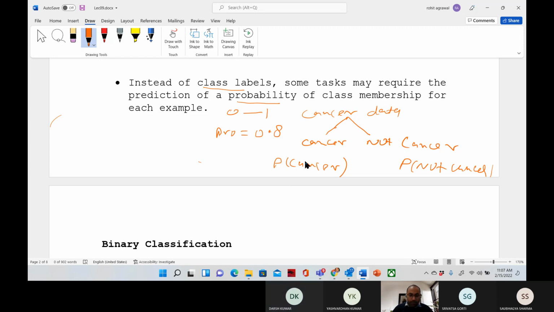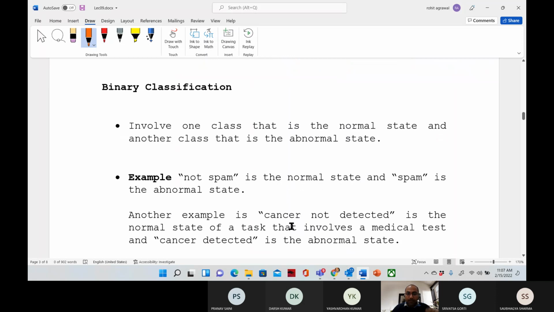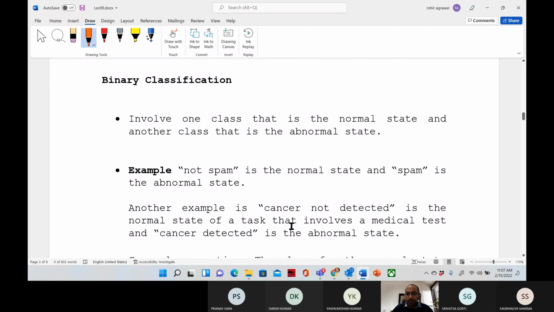Now we are talking about a specific classification: binary classification. Binary means two classes. In this, one class is called normal and another class is called abnormal, like spam.